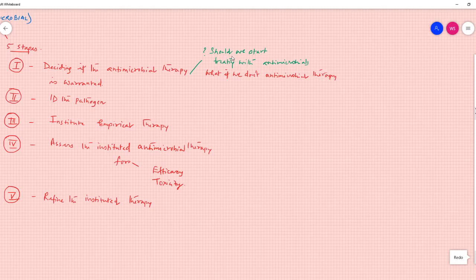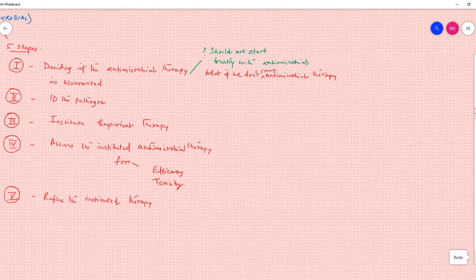So we ask the question, should we start treating with antimicrobial therapy? And we get an answer, yes. Okay, having that answer yes in mind, we ask ourselves, what if we don't start the antimicrobial therapy?